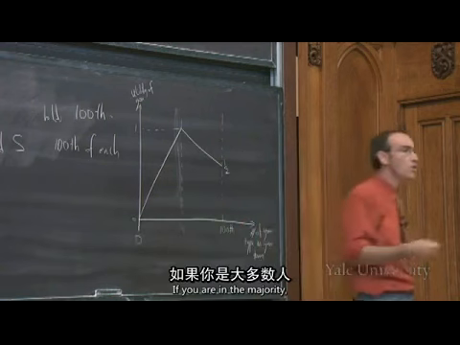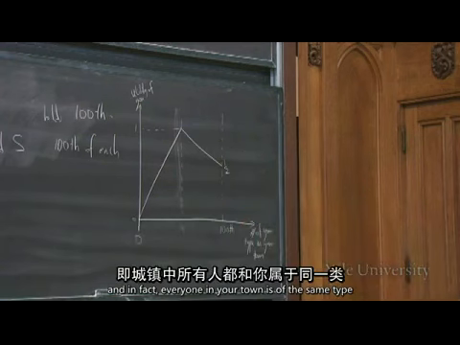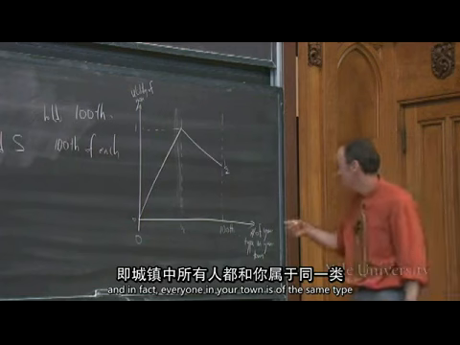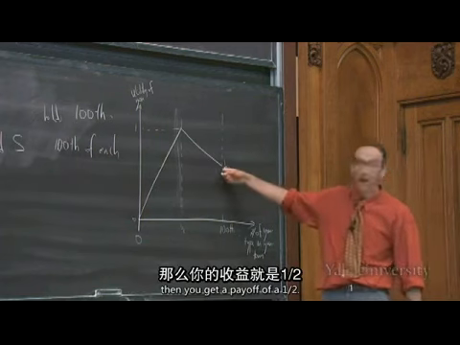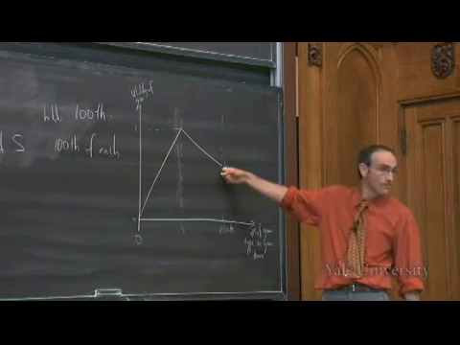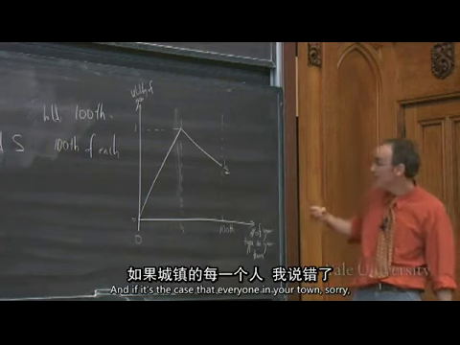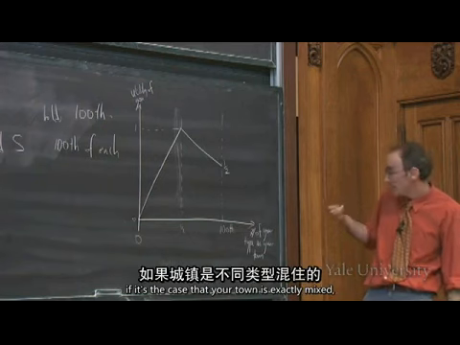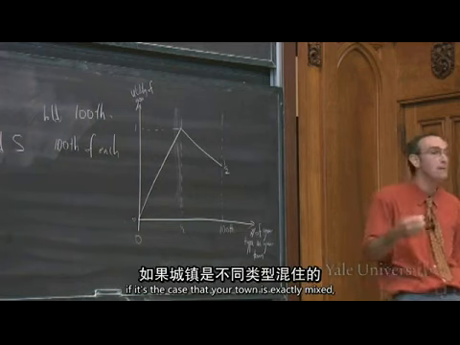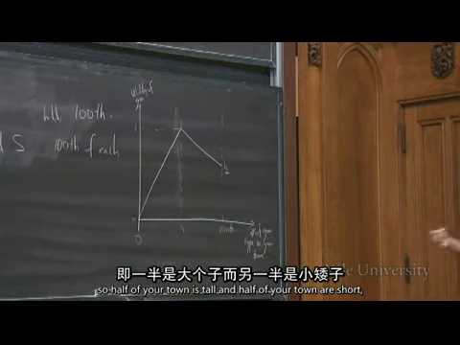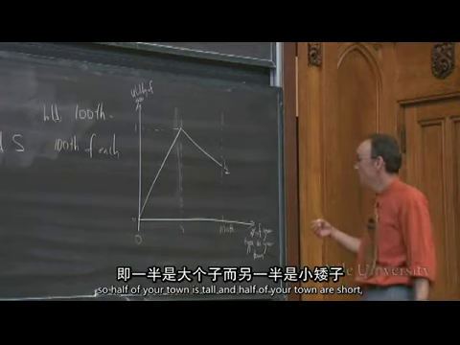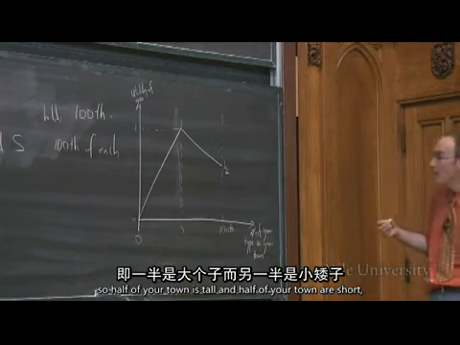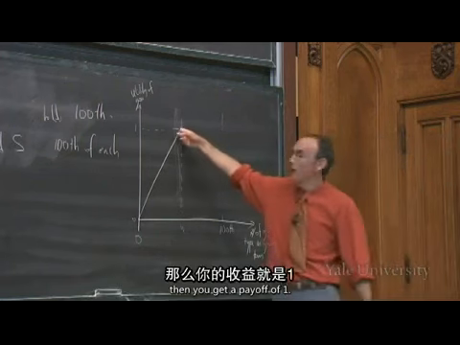All right? If you are in the majority, and in fact everyone in your town is of the same type, then you get a payoff of 0.5. And if your town is exactly mixed, so half of your town are tall and half of your town are short, then you get a payoff of 1.